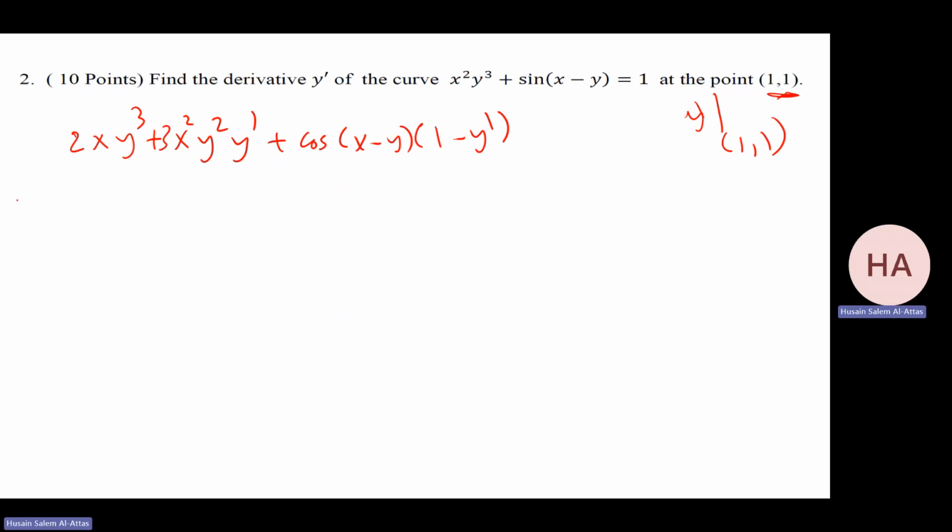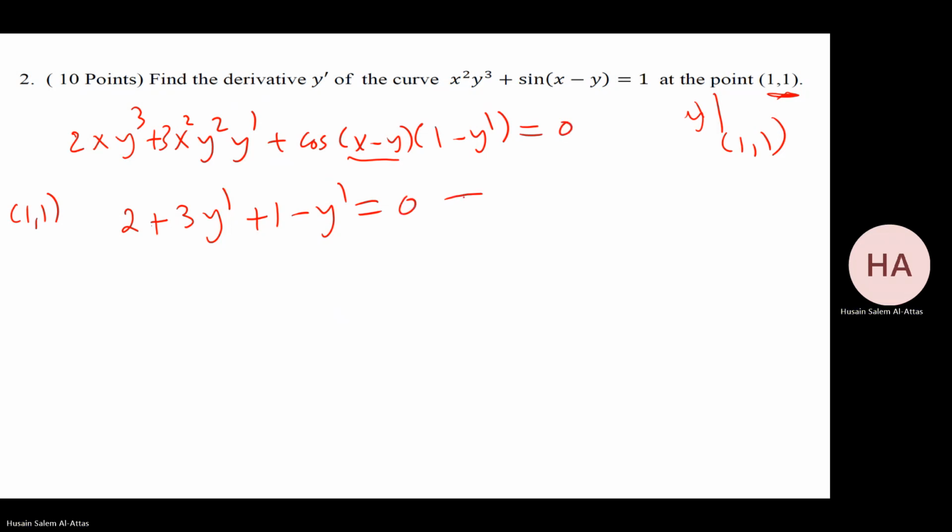I want to do it at (1, 1). I have 2 plus 3y' plus cosine 0, which is 1, plus 1 minus y'. That should be equal to 0. So it means 2y' equals minus 3. So y' equals minus 3.